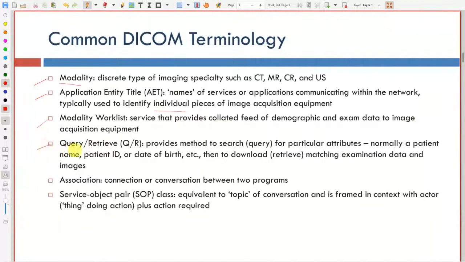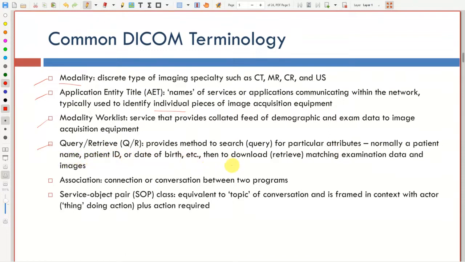There's a way of doing a query or retrieve operation, which allows you to retrieve a certain piece of information from the DICOM data. Basically, you're doing a search or a query for a particular attribute, for example a patient name, patient ID, or date of birth.